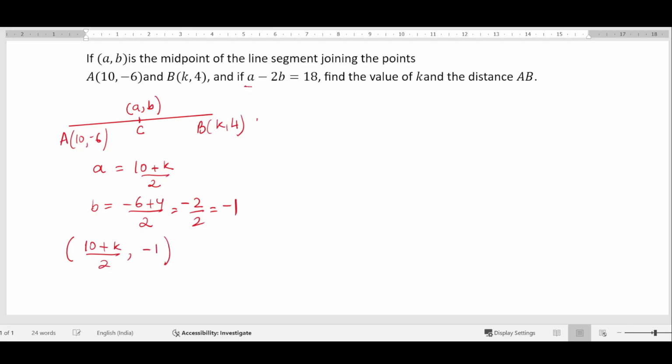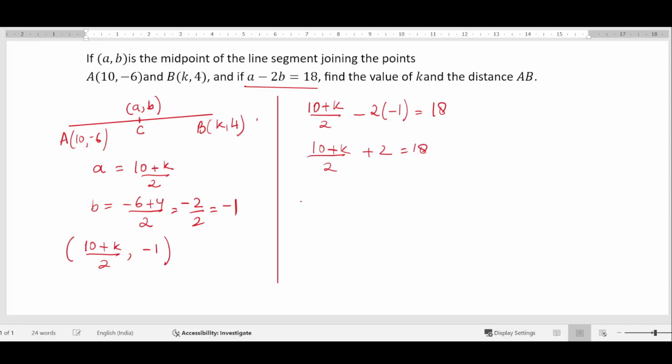Now the condition given to us here is a - 2b = 18. So substituting the values of a and b, (10 + k)/2 - 2 times -1 is equal to 18.